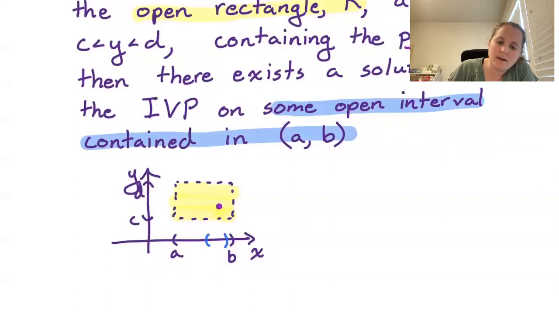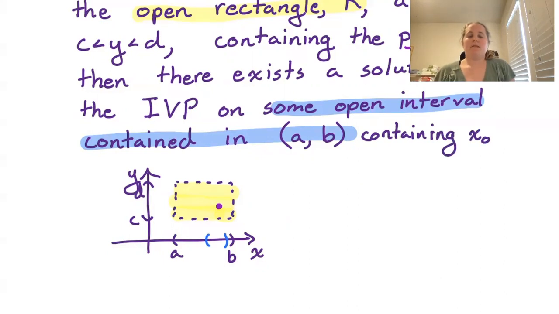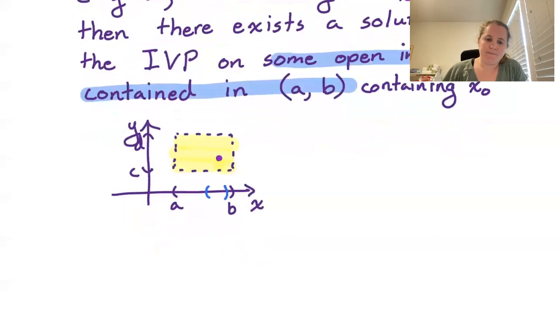I should specify that this is containing x naught. And so we have a solution. It's not on that entire AB, but we do have an open interval on which it's defined. So at this point, we've found the conditions for having a solution, but we do not yet have the conditions for uniqueness. So next up is uniqueness.